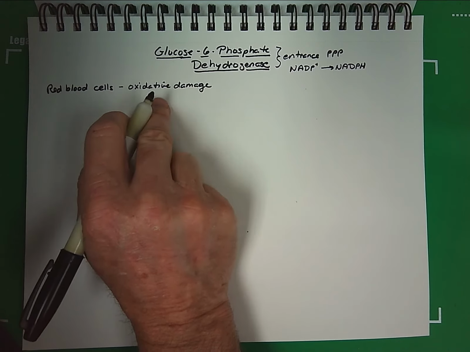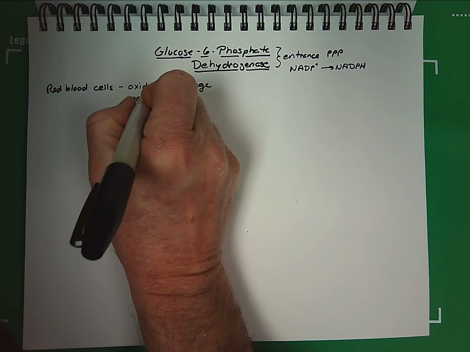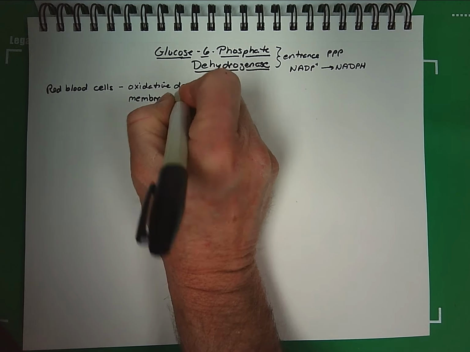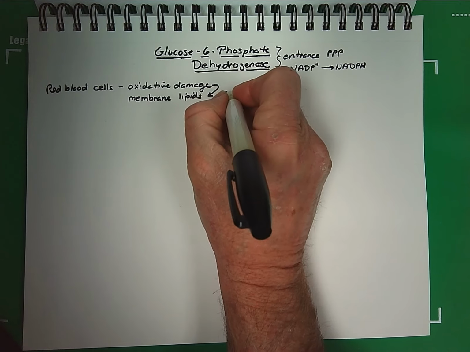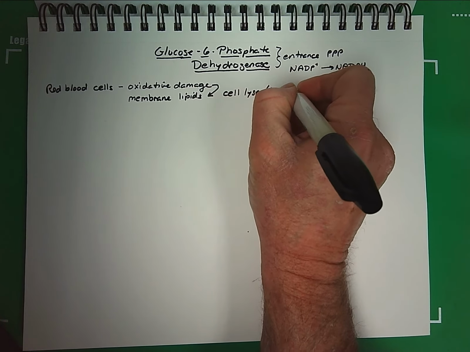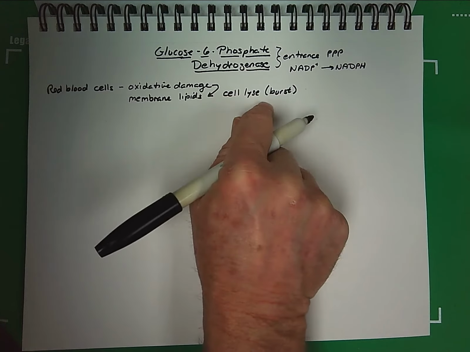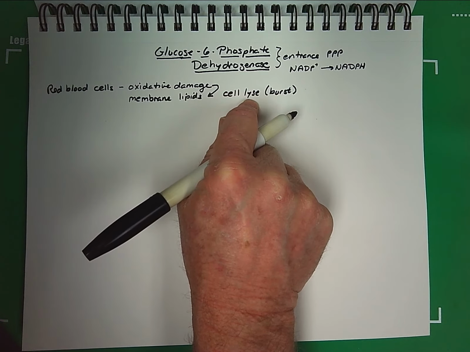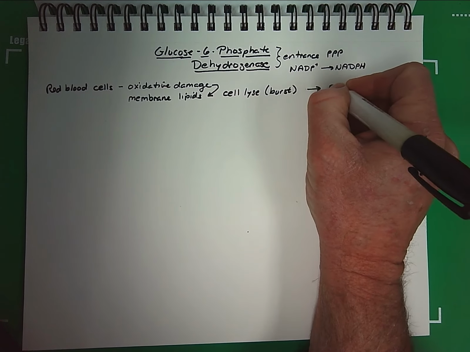When oxidative damage occurs, the most susceptible portion of the red blood cell is the membrane lipids. If this damage harms the lipids, the cell can lyse or burst. If red blood cells are bursting, they can no longer perform their oxygen carrying function, and so an individual will develop anemia.